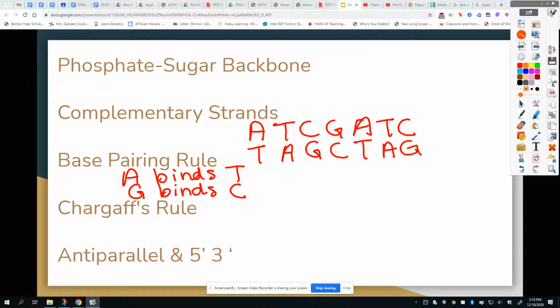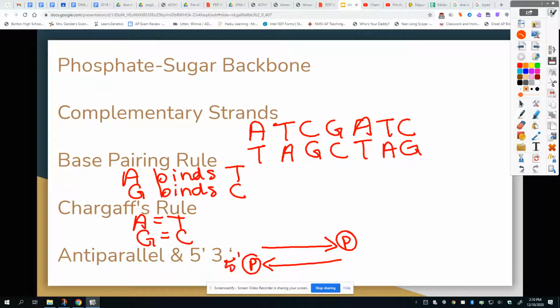Then we have Chargaff's rule. We haven't mentioned that before, but we've talked about it already. Chargaff is a chemist, and he did tests on DNA when they were trying to determine the structure. And his tests determined that the amount of A equals the amount of T, and the amount of G equals the amount of C. Anti-parallel says that DNA strands go in opposite directions, and the end with the phosphate will be the 5' end, and the end without the phosphate is the 3' end.